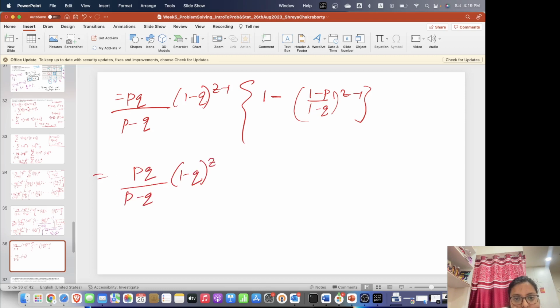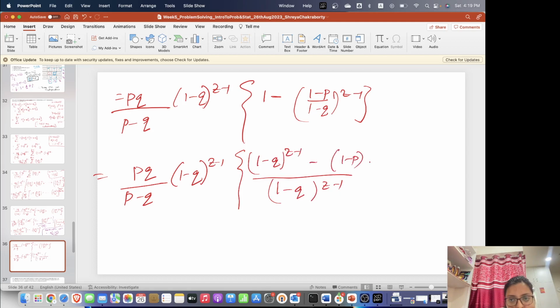Okay, pq you have taken there. Now here 1 minus q to the power z minus 1 minus 1 minus p to the power z minus 1. So now this one and this one will also cancel.